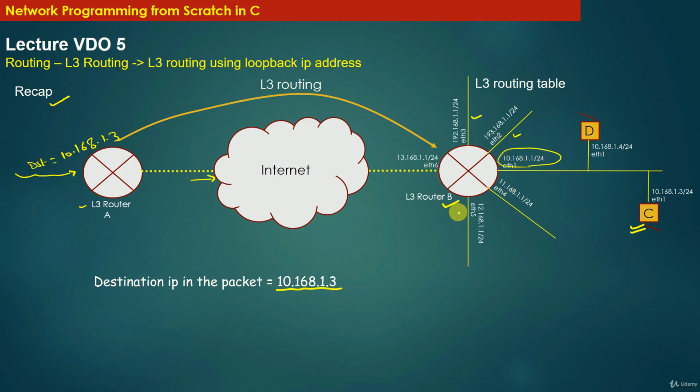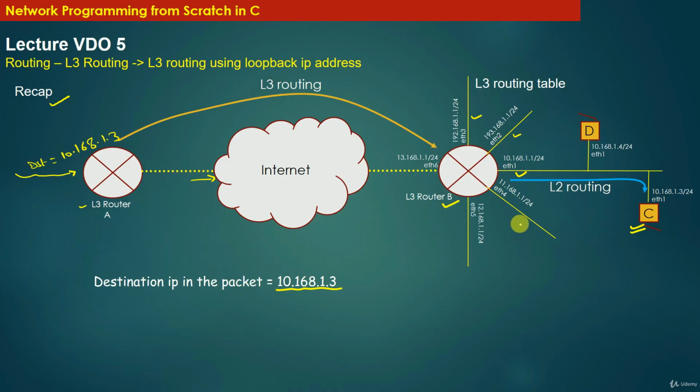So now router B knows that the packet is destined to a machine which is present in its local subnet on interface Ethernet 1. From here onwards, router B will use L2 routing in order to deliver the packet to the destination machine C.